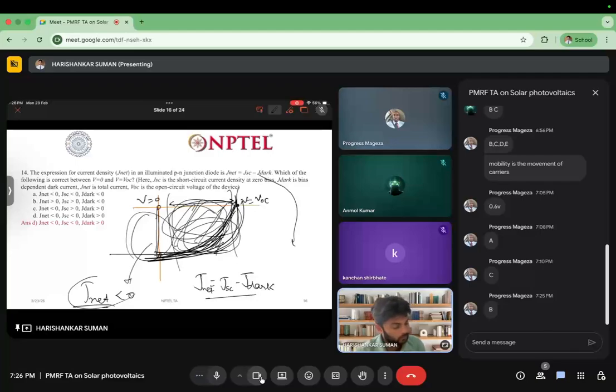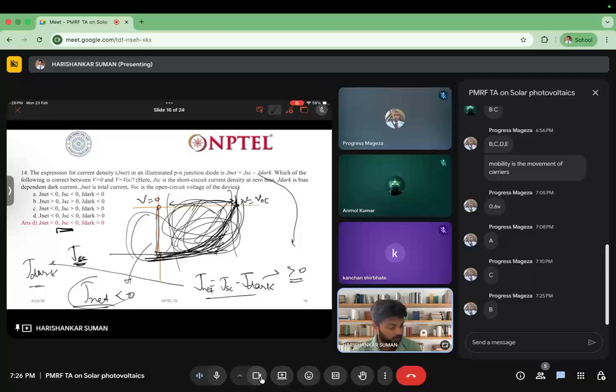So J dark, according to this equation, will be greater than 0, let's say positive, and JSC, short circuit current, is related to the photocurrent, which is negative. Opposite in direction.